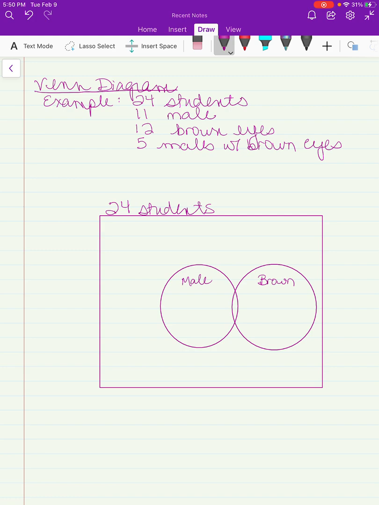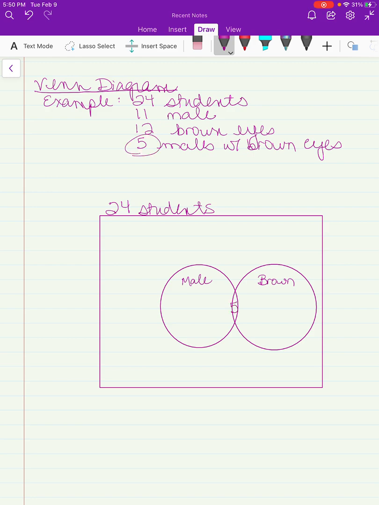I know that 11 students are male, but this whole circle has got to equal 11. I know that 12 students have brown eyes, but this whole circle has got to be brown eyes. So I have to start in the middle with the 5.